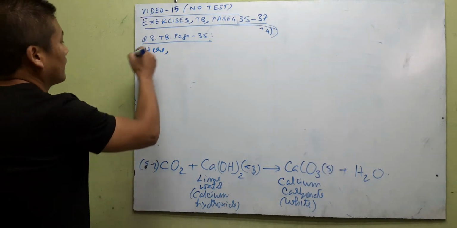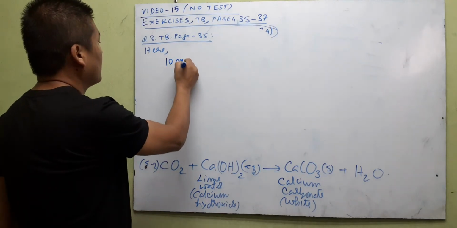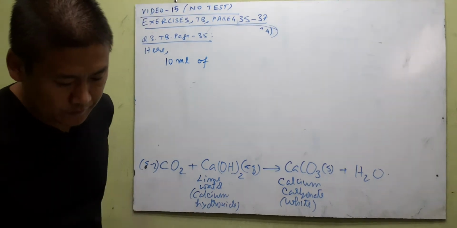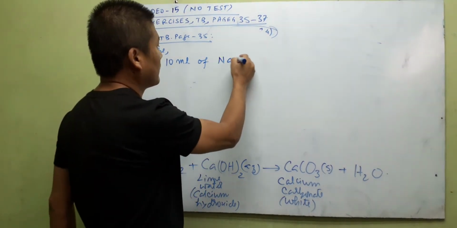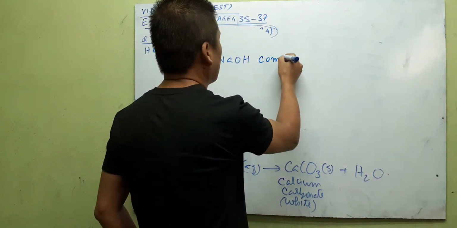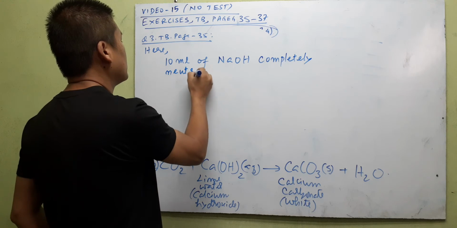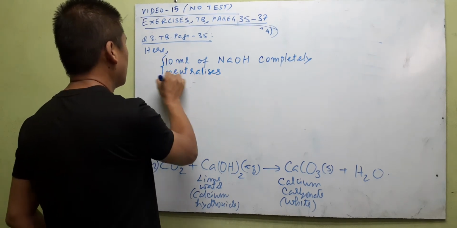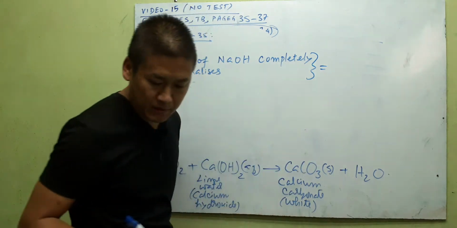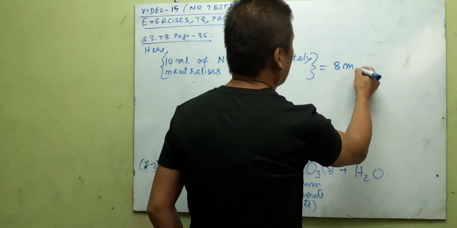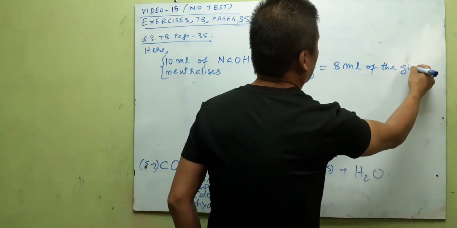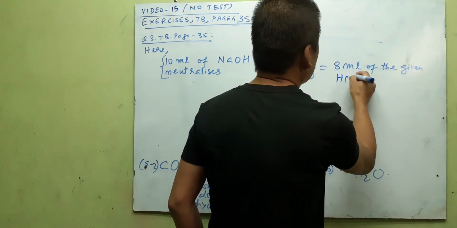Here, 10 ml of, write along with me, of NaOH, completely neutralizes, equal to how many ml of HCl? 8 ml of the given HCl solution.